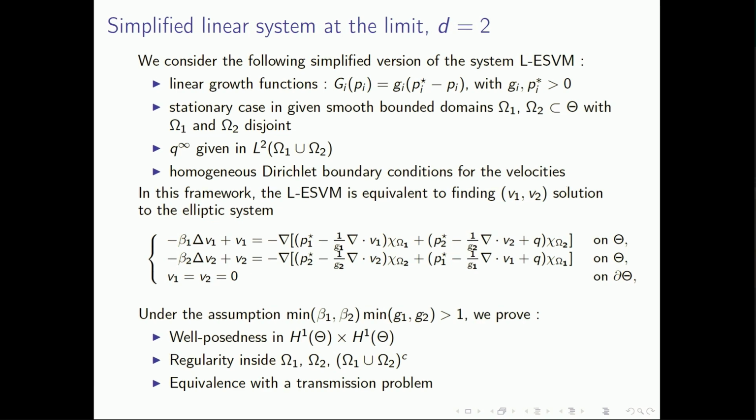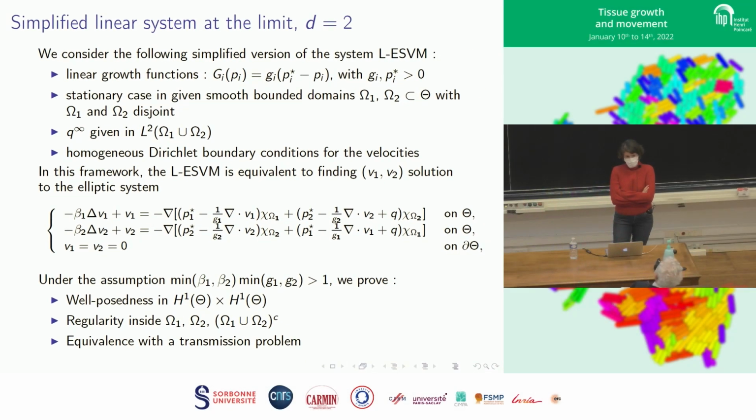So at the limit, since I have moving domains omega 1 and omega 2, I just fix these bounded domains. So I'm not at all looking at the evolution of the domains anymore. I'm rather looking at the flux and trying to solve the stationary problem.